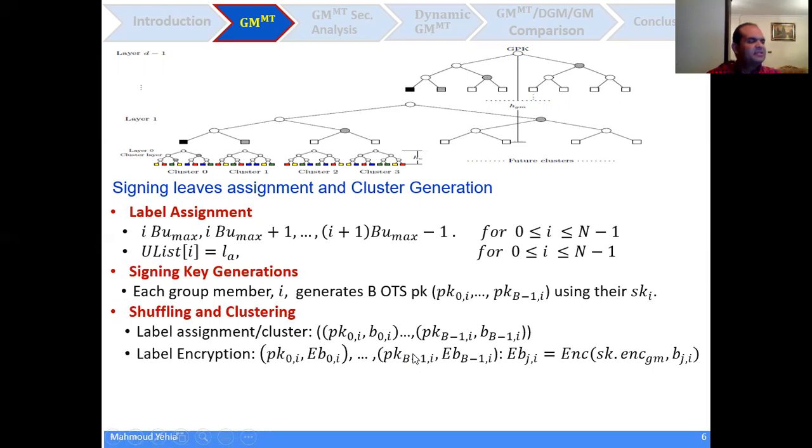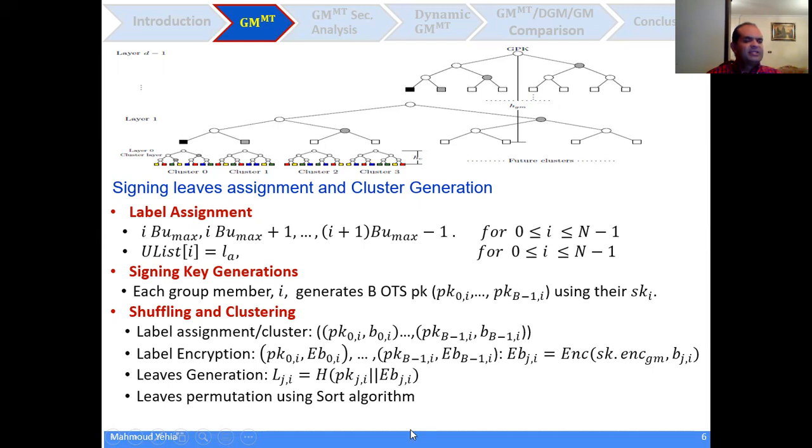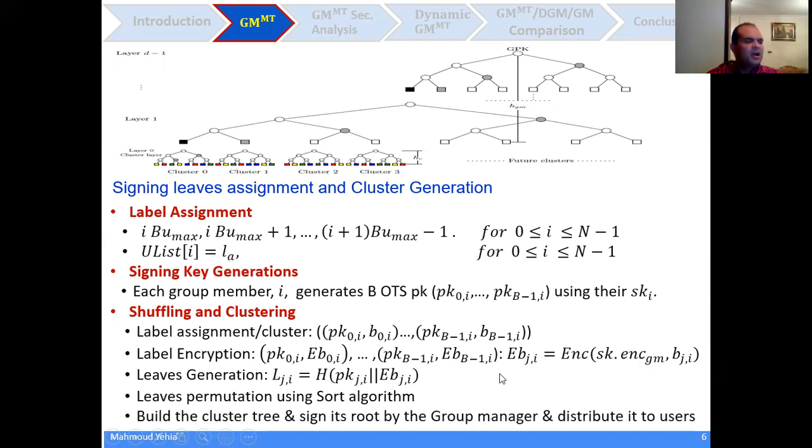After that, the leaves are generated by hashing the concatenation of the public key and the corresponding encrypted label. Then these leaves are permuted using a sort algorithm, which stores the whole group members in ascending order with respect to the encrypted labels, EP.